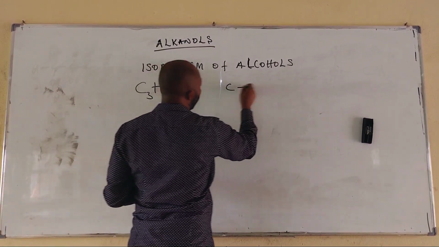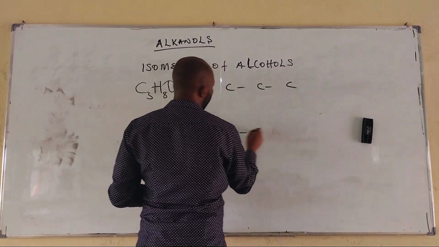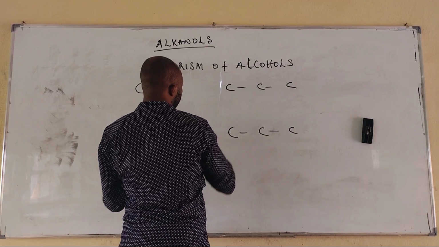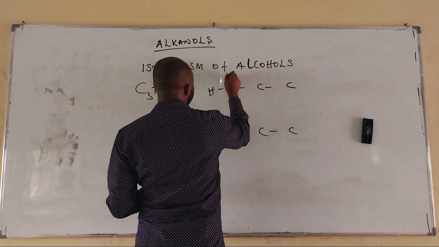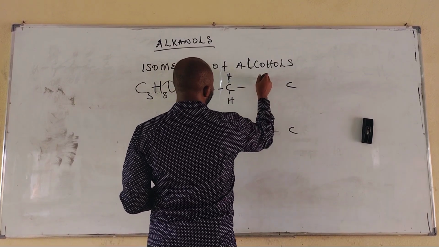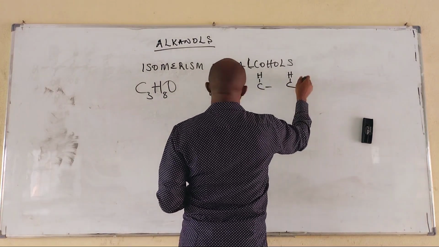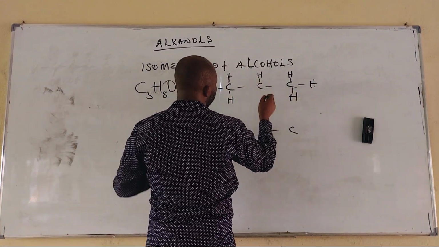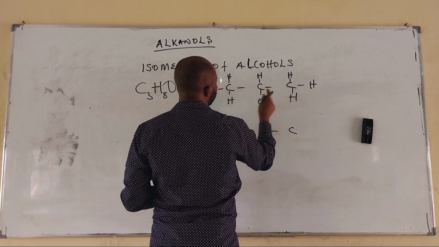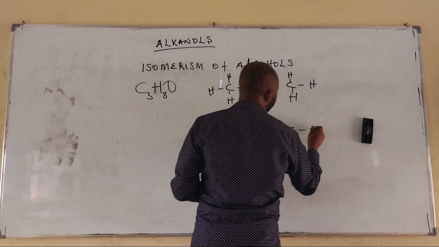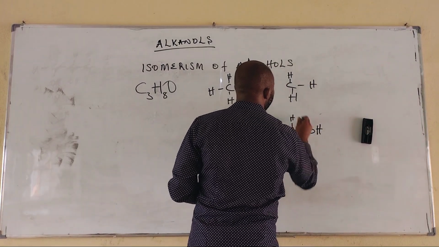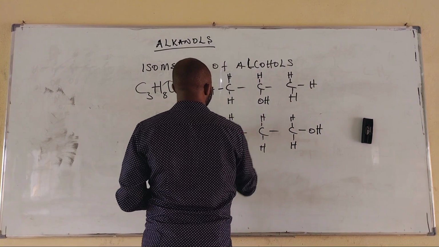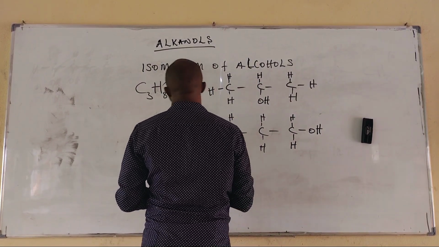So I have my 1, 2, 3 carbons. This is 1 hydrogen, 2, 3, 4, 5, 6, 7 hydrogen. The last hydrogen gives us our 8th hydrogen. We can also have OH here, with hydrogens 1 to 8.